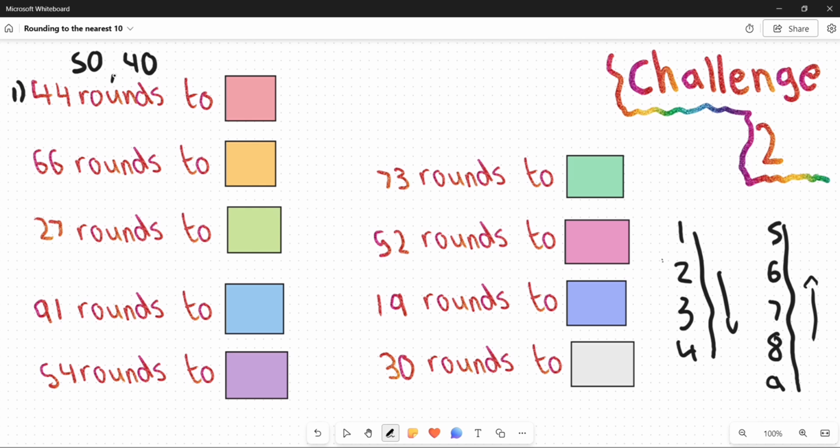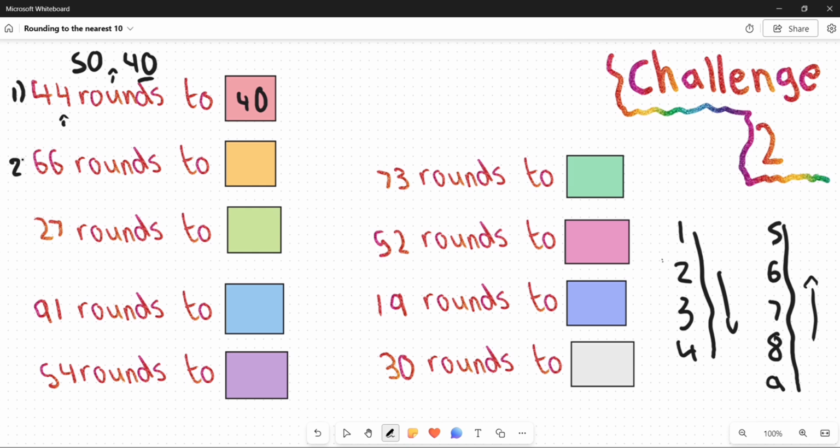So if we look at the number in the ones place, number 4, it tells us we have to round down. So the nearest number to round down to is 40. So 44 rounds to 40.